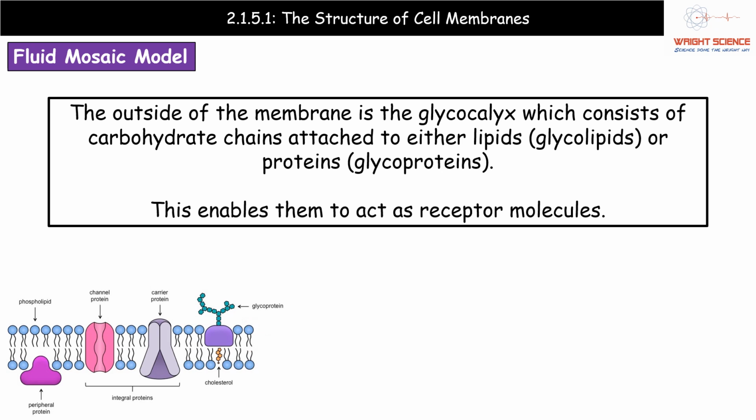So glycolipids, carbohydrate stuck on a lipid; glycoproteins, carbohydrate stuck on a protein. And these are going to be protruding on the outside of the plasma membrane. So they're basically sticking up from the outside of the plasma membrane itself, and that means that we've now got a structure which can act as a receptor molecule in that cell signaling process.